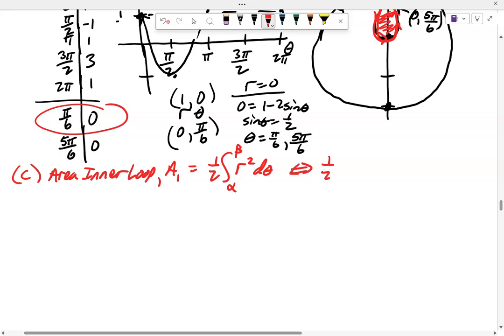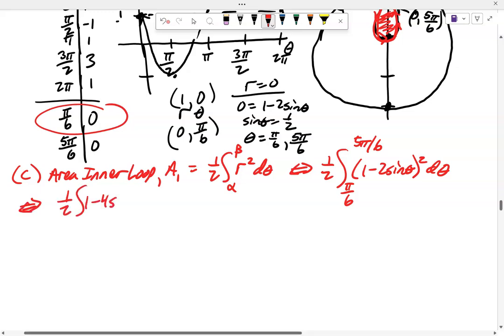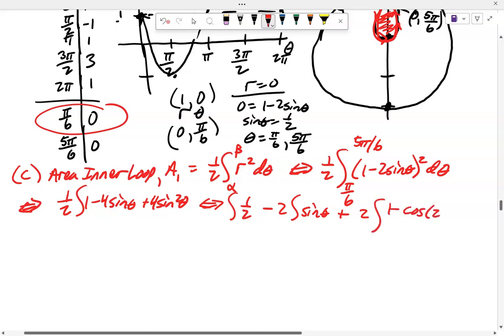So this would be 1/2 integral from pi/6 to 5pi/6 of (1 - 2 sin θ) squared dθ. So 1/2 times (1 - 4 sin θ + 4 sin²θ), which becomes 1/2 times (1 - 2 sin θ + 2 - cos 2θ).